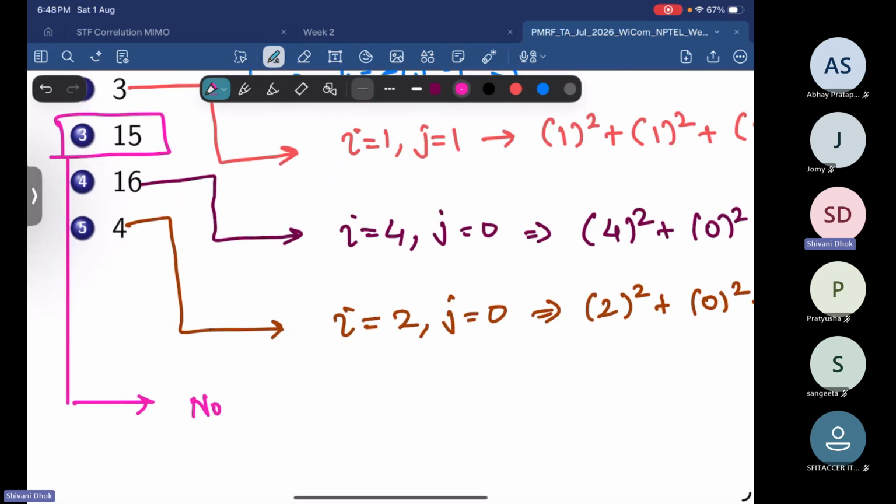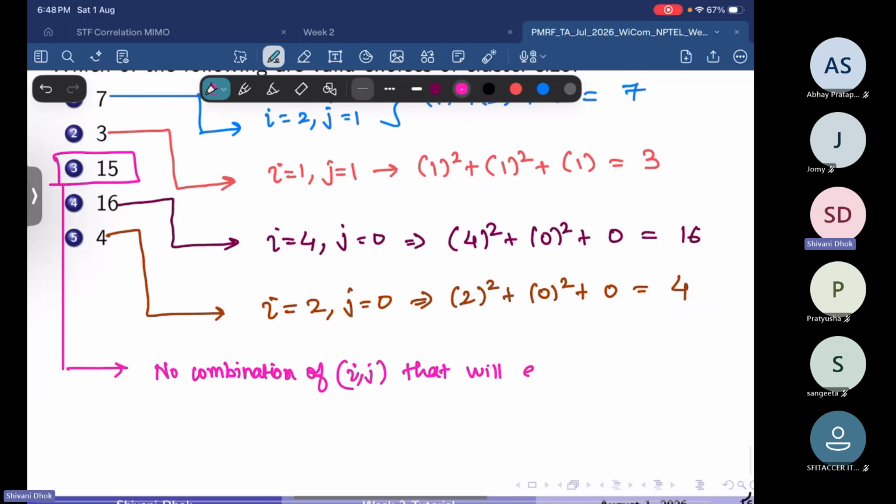So there is no combination of i and j that will lead to a valid cluster size of 15. This is purely based on trial and error. You need to try and substitute values.